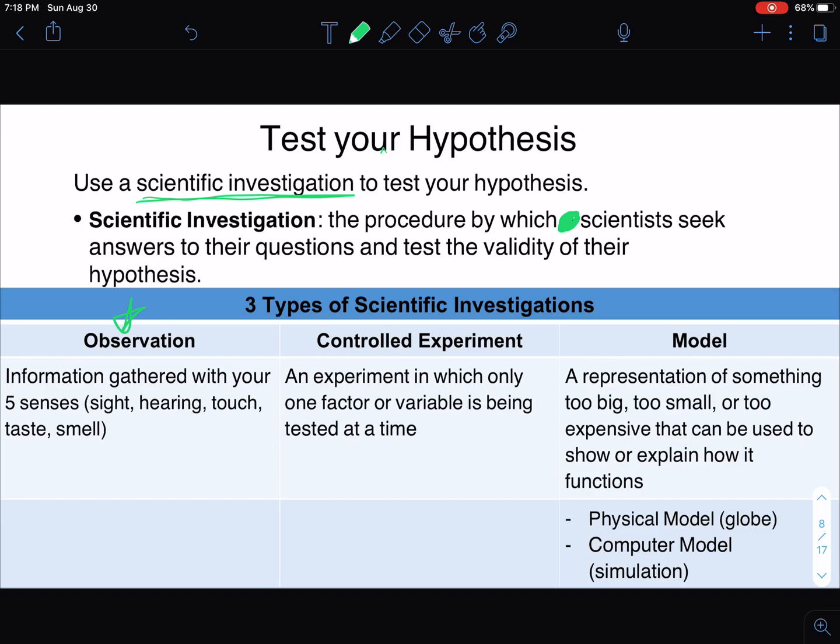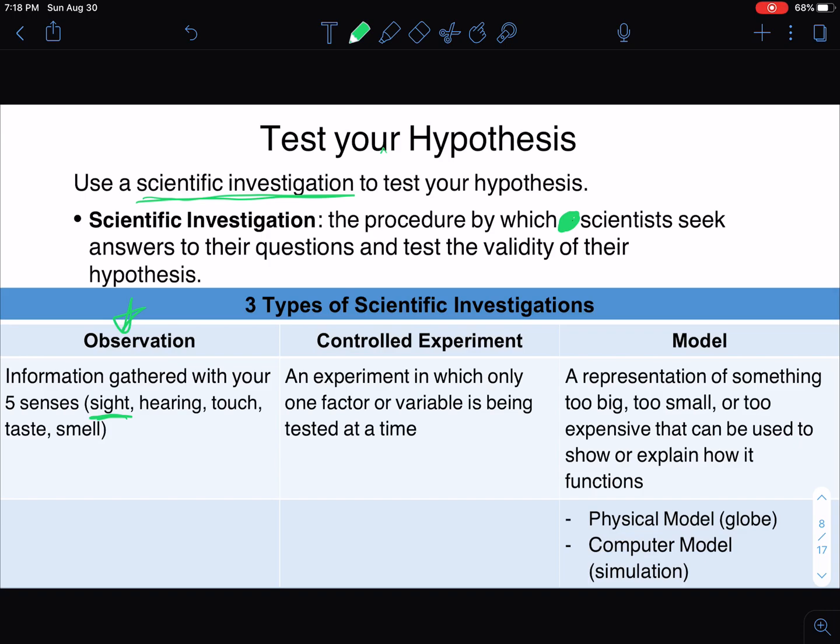You can watch one person tip over multiple cups of water. You could watch multiple people tip over a whole bunch of different cups of water. But you're going to be using an observation. You're using your sense of sight to figure out if your hypothesis is correct or not.